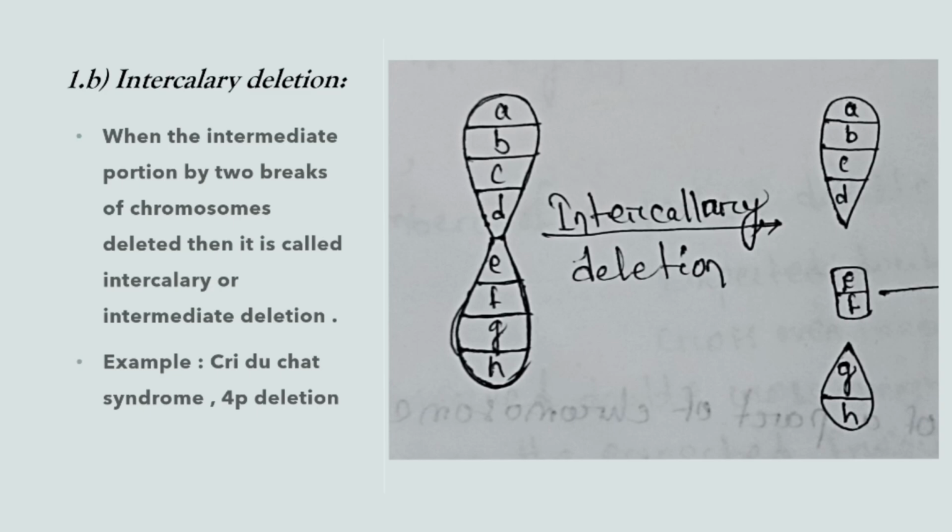For this, two breaks are needed. When two breaks occur, the segment is detached from the arm and gets deleted. Example: Cri du chat syndrome, 4p deletion.